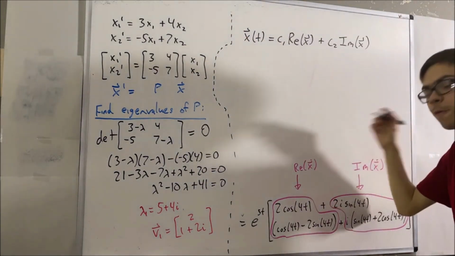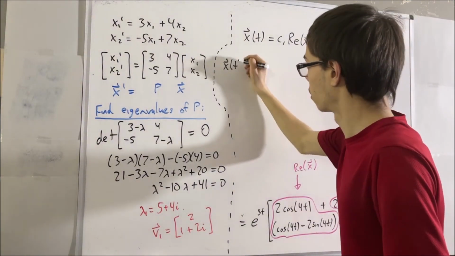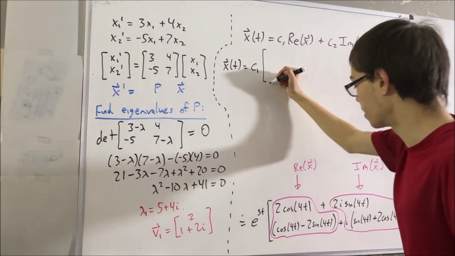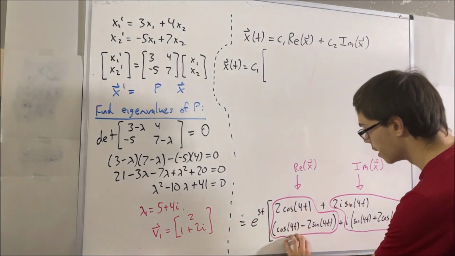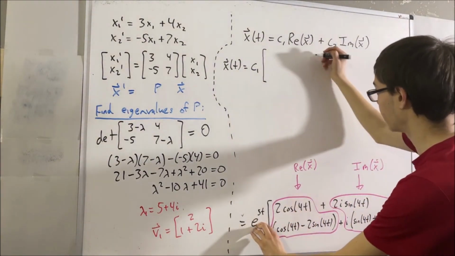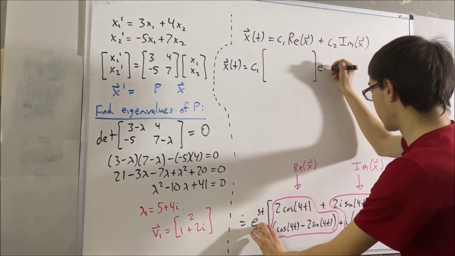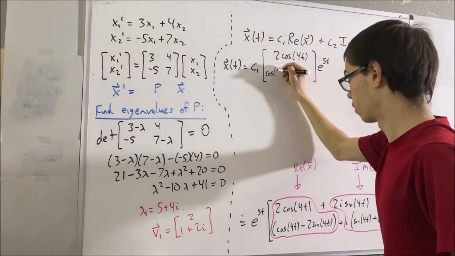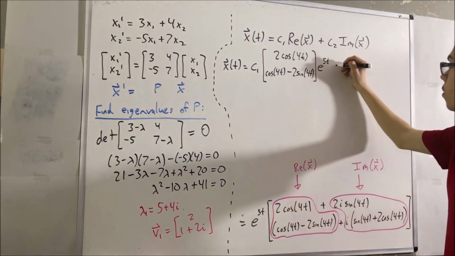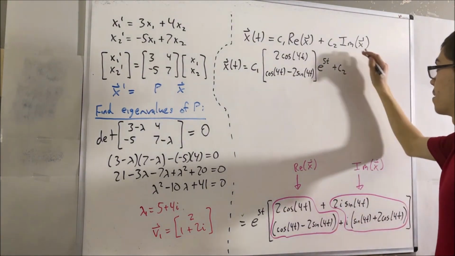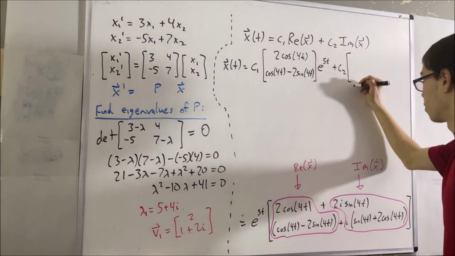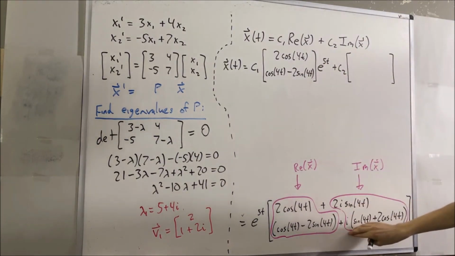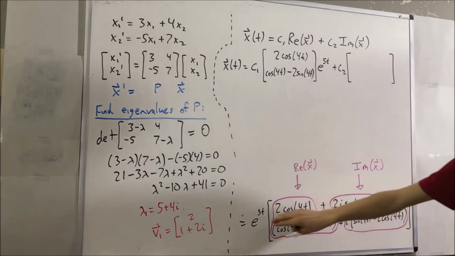and so now I'm going to perform the substitutions. So for the real part of x, it's going to be a matrix consisting of these two entries, and technically it would consist of the e to the 5t as well, but I'm just going to move that e to the 5t to the outside like that. Right, and then we have plus c2 times the imaginary part of the solution, which, again, is not going to contain the i, but it's going to contain the e to the 5t.